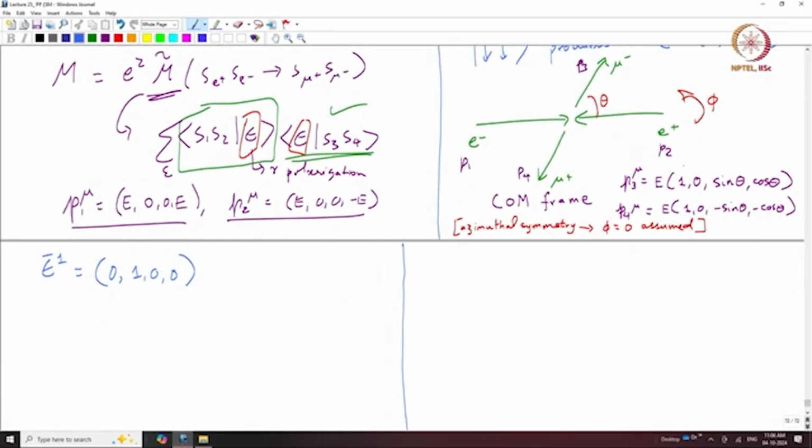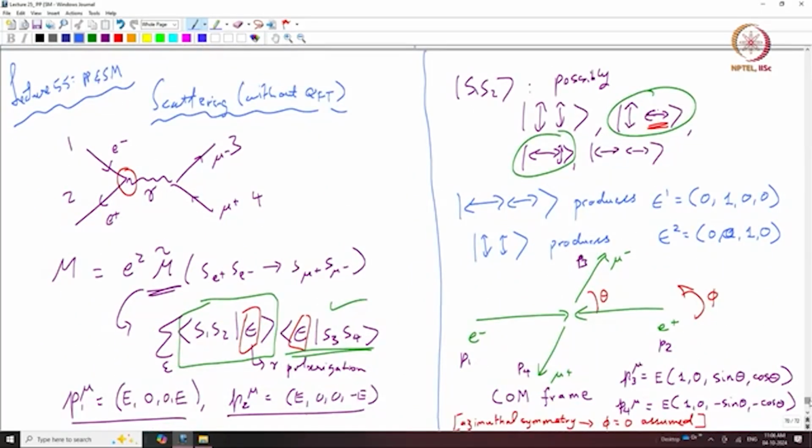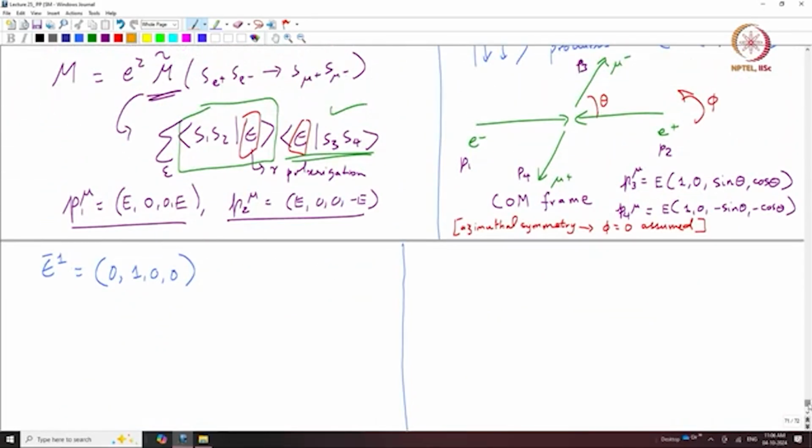Look at this, it's 1, 0, some non-zero number, some non-zero number, right? That's the momentum. So the photon polarization, and I'm not talking about the polarization of the photon here. One of them is clearly this possibility, because this is orthogonal to the P3 and the P4, right? But what else?